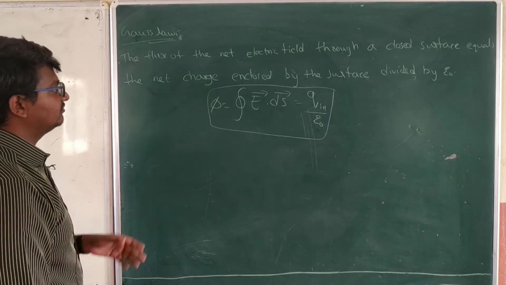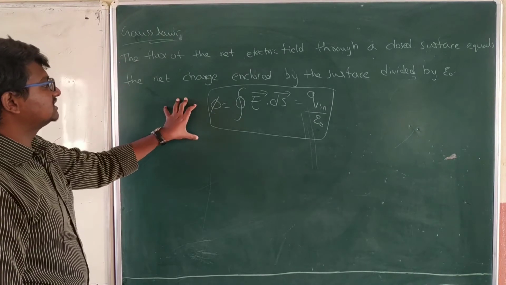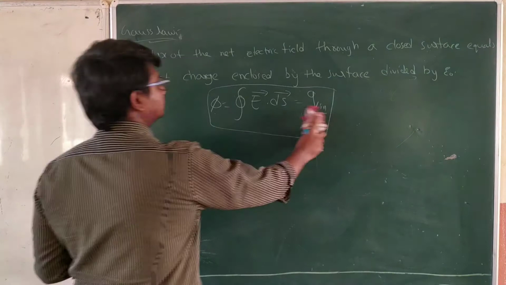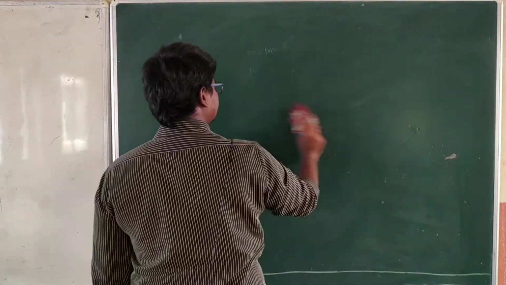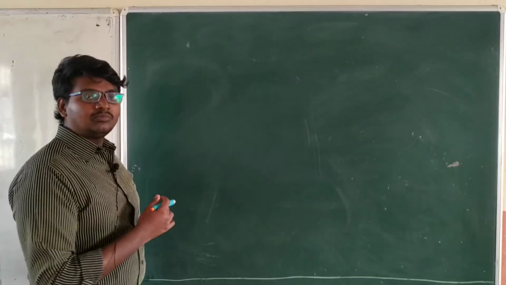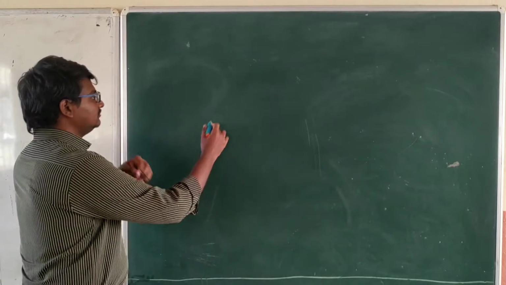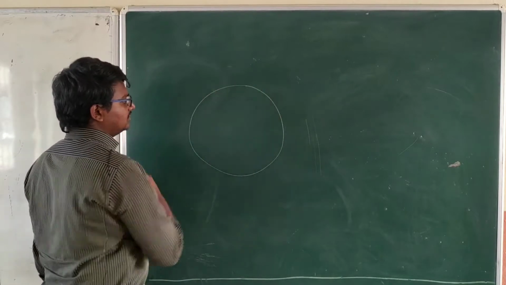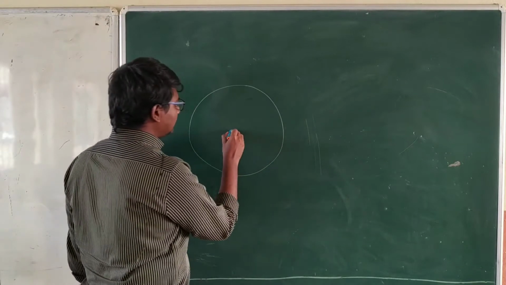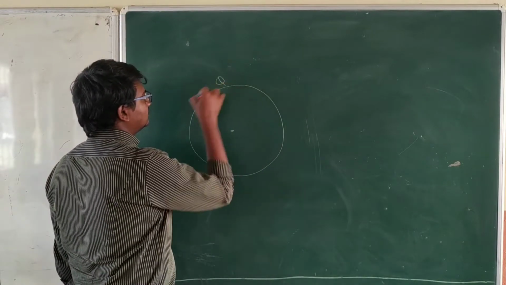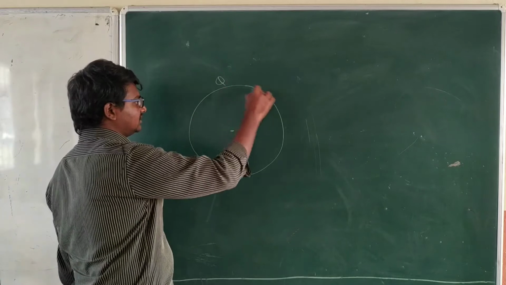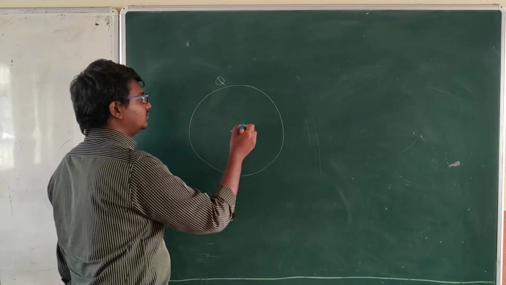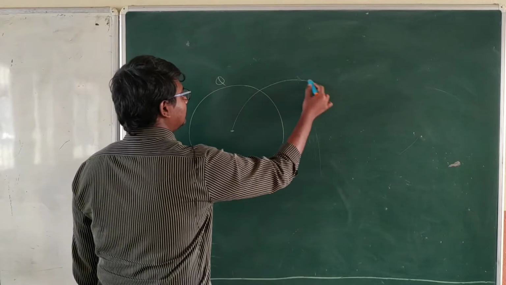Now let's discuss some examples regarding this, then we can understand more clearly. Let's solve one problem on Gauss law. Let's consider a circular ring having charge q, meaning charge q is uniformly distributed on its whole perimeter.